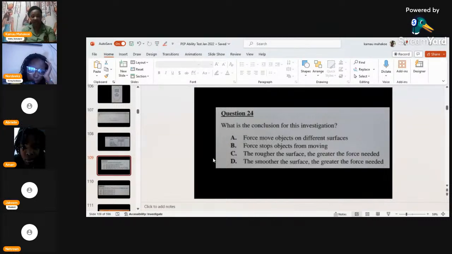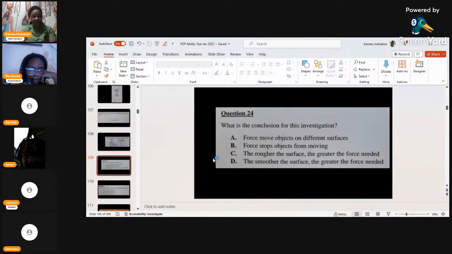So yes, it was demonstrated that forces move objects. Forces can also stop objects from moving, right? You can apply a force to something and stop it from moving. So A and B are just basic statements of fact, but this actual experiment proves something even more.